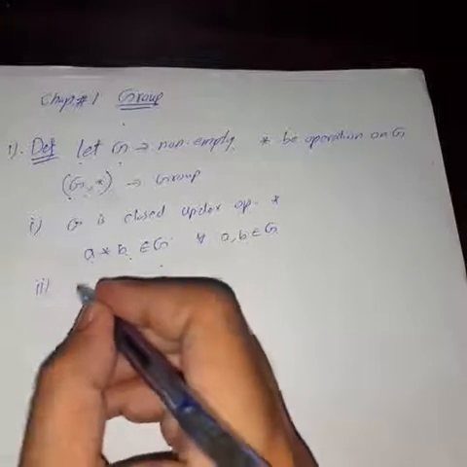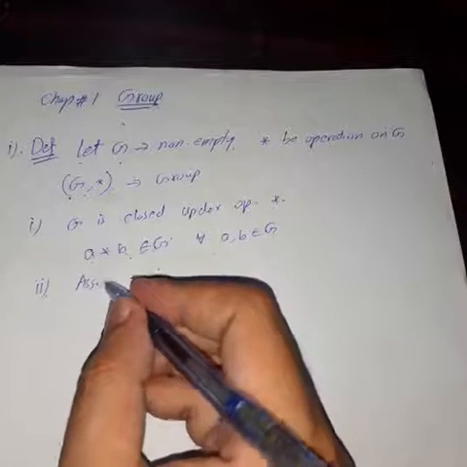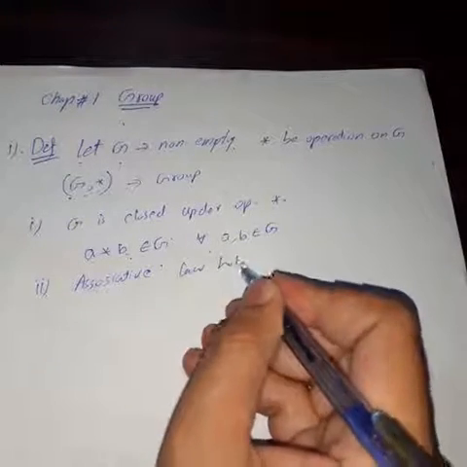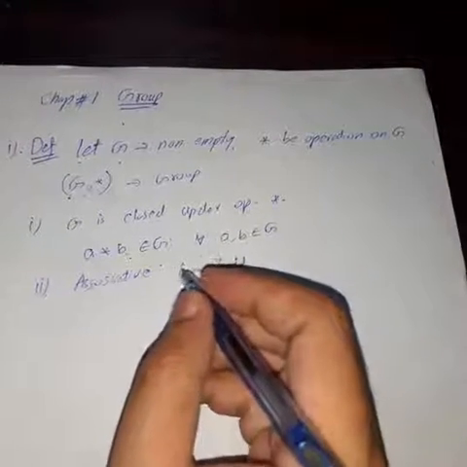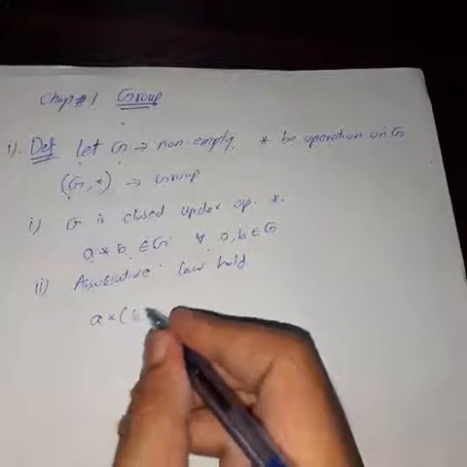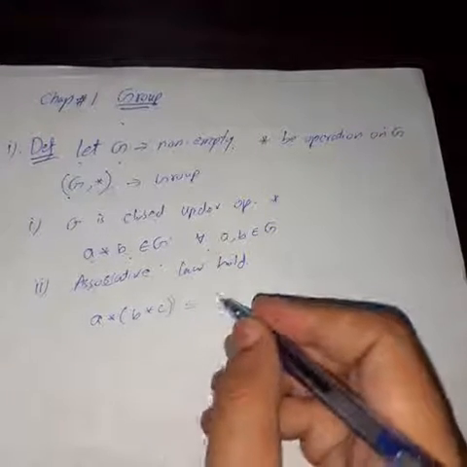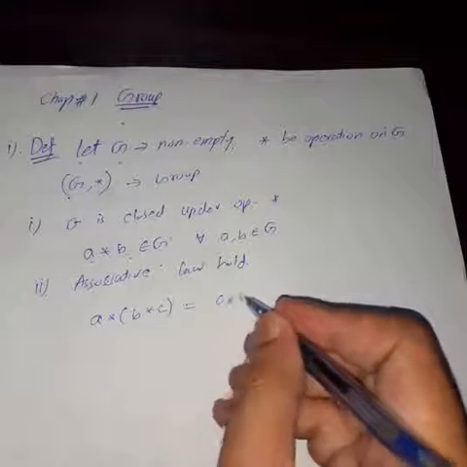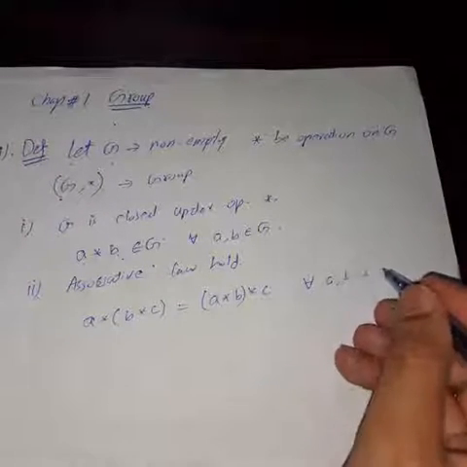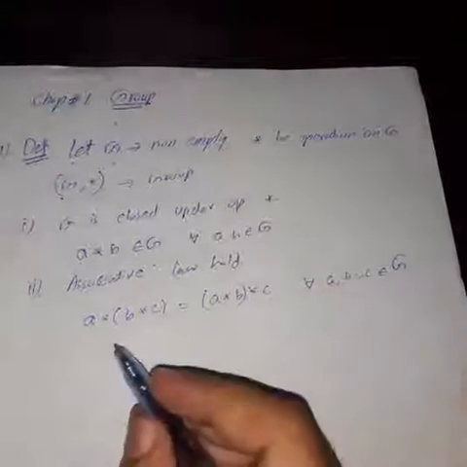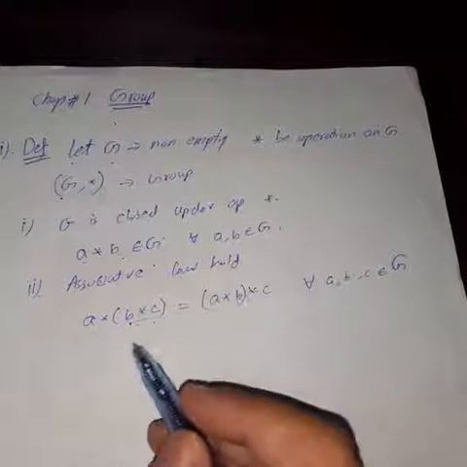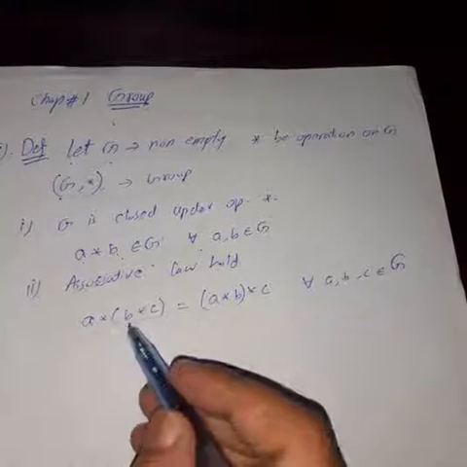And the second is the associative law to hold, that is, (a * b) * c must be equal to a * (b * c) for all a, b, c belong to G. This means that if we have to operate three elements of G, then what should be the order?